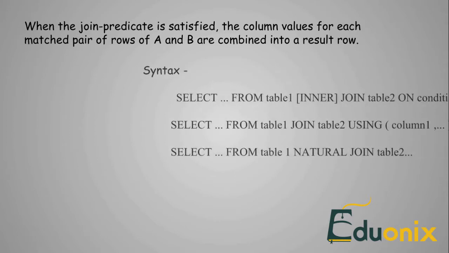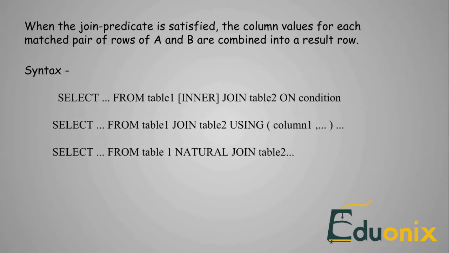Now let us look at the syntax. Select from table 1, you will specify the name of the join that you are performing. So here it is an inner join, table 2, on a condition you will lay. The condition may be the name of a column. For example, we saw last time that employees and employee department both had the common variable employee ID, so the join can be laid on the employee ID.